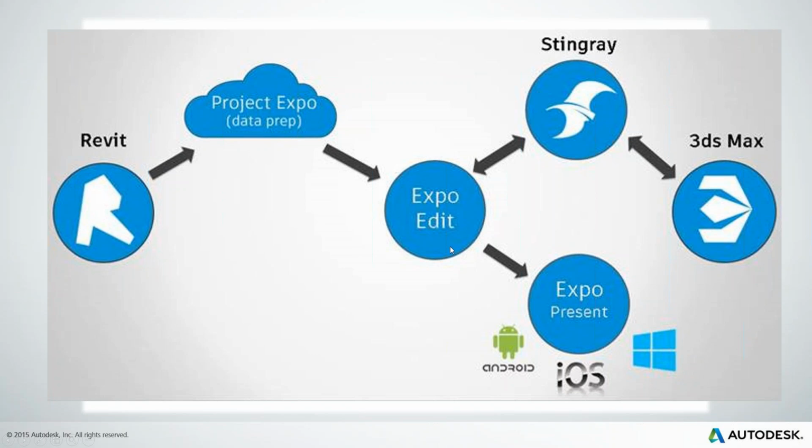That Expo edit will give you the option to either take that entire project back to Stingray, edit and modify it, go back to 3ds Max, maybe add additional animation content to it, bring it back, go to Expo edit, and make interactive content for Android, iOS, or Windows. So that is how simple the workflow is for Revit users. And obviously, if you want to customize it, Stingray and 3ds Max will give you that overall control for it.